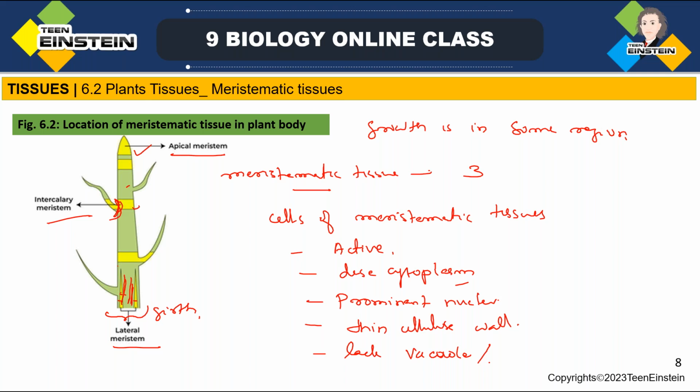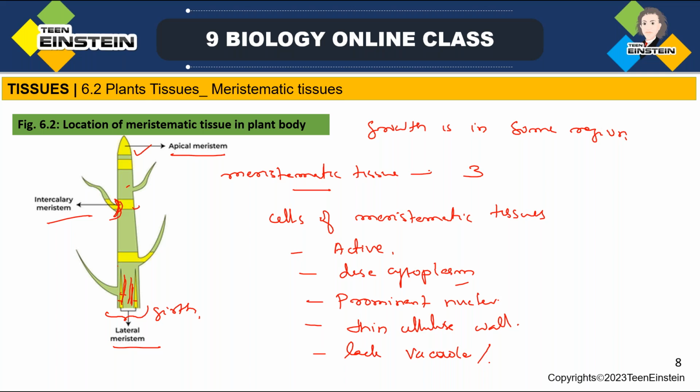Here the cell is in a continuous stage of division, right? And what is the role of vacuole? I said in the previous chapter, vacuole is mainly meant for storage, right? Here reactions are continuously taking place and food synthesis is taking place inside that cell, because it is in a continuous division state, so that requires more energy.